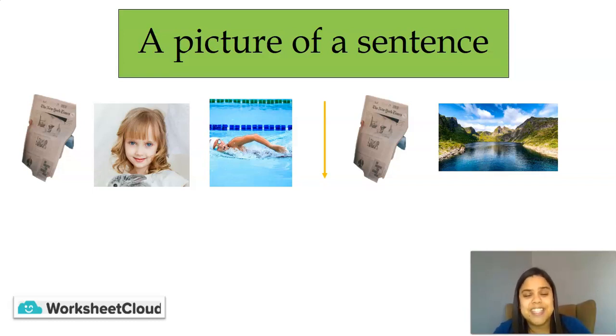Grade 4s, these pictures represent a sentence. It's a picture of a sentence. I would like you to try and figure out what this sentence could possibly be. I'm going to give you a few seconds to try and figure it out. And remember, we are trying to get our brains working and to think clearly. So I want you to really look at these pictures and think of what word each of them could represent. Good luck, grade 4s. I'm going to give you a few seconds now.